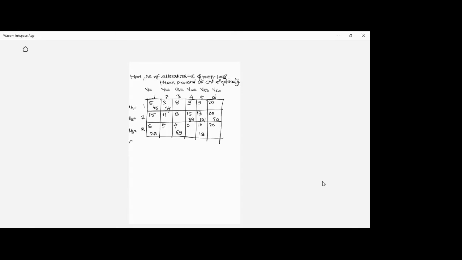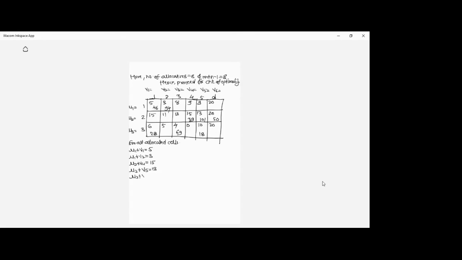So for all allocated cells, what we can write is, u1 plus v1 is equal to 5, u1 plus v2 is equal to 3, u2 plus v4 is equal to 15, u2 plus v5 is equal to 13, right?